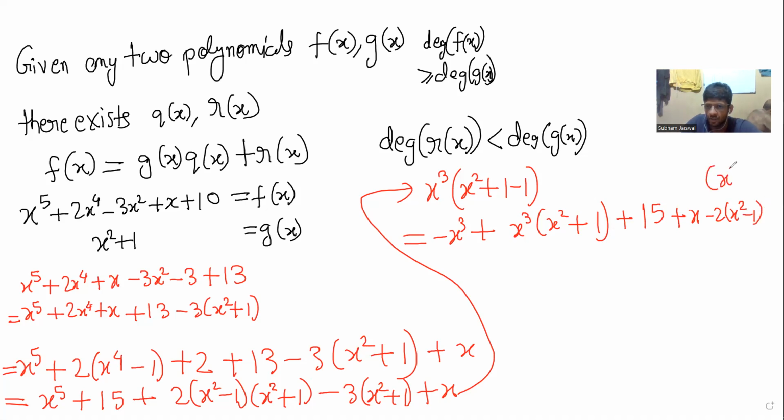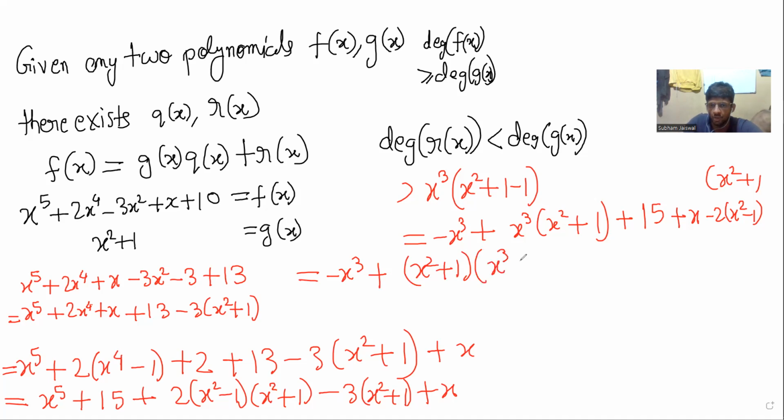And let's this x square plus 1. And now you see it sort of simplifies. So let me just write one more line. Point is, now you can see that this is the x square plus 1, and then there is x cube, and so there were more things, right?